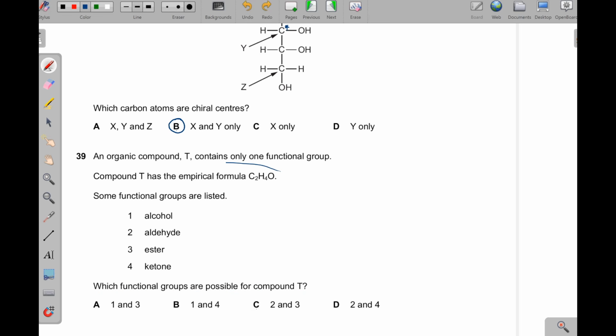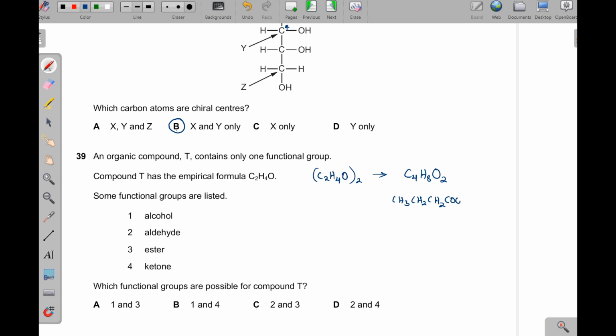Now, if this is an empirical formula, that means we can multiply it by any other number. Suppose I multiply by 2, because this is empirical. To get the molecular formula, we can have something like C4H8O2. So this can be CH3CH2CH2COOH.